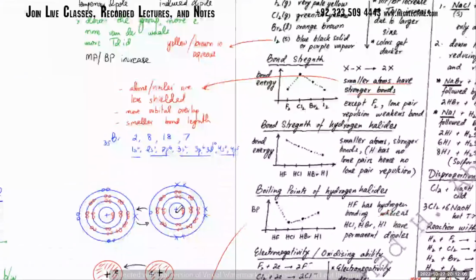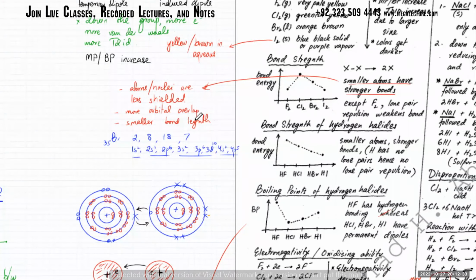If you have a bigger atom, it's got so many electrons that it will not attract electrons from other atoms because it's too shielded. So smaller atoms are less shielded. That leads to more orbital overlap, which means they attract each other's electrons very strongly.